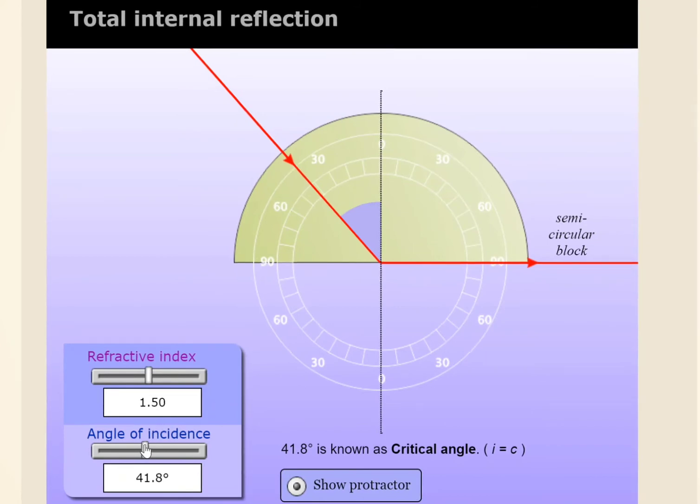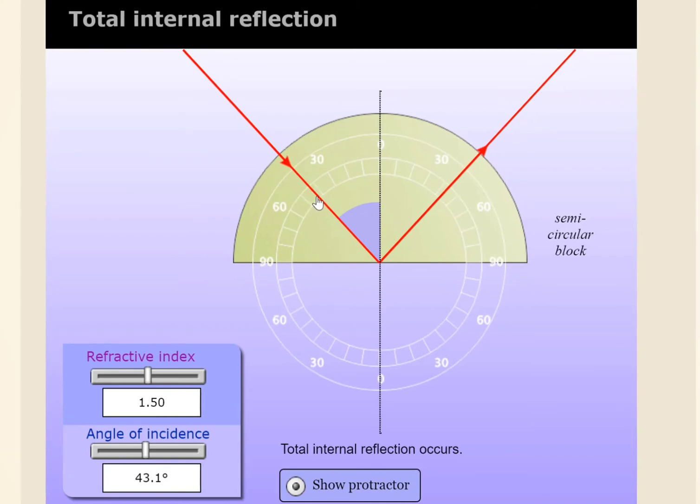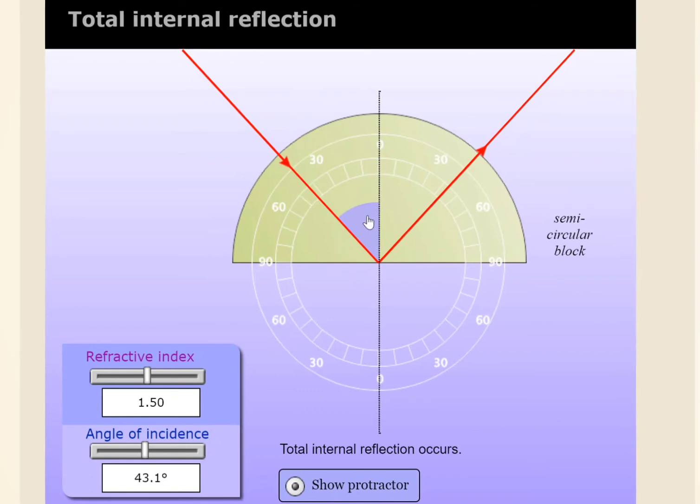Now what happens if we increase the angle further? Now the angle is more than 41.8, which is 43.1 degrees here. So we no longer get the critical angle phenomenon. We don't call this angle the critical angle.